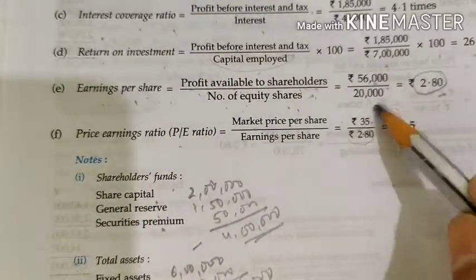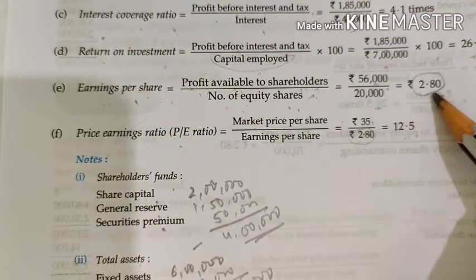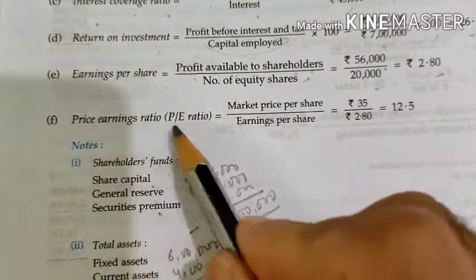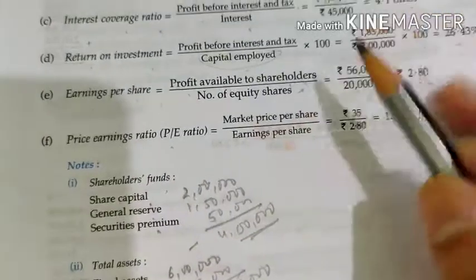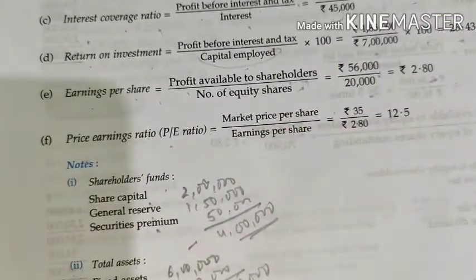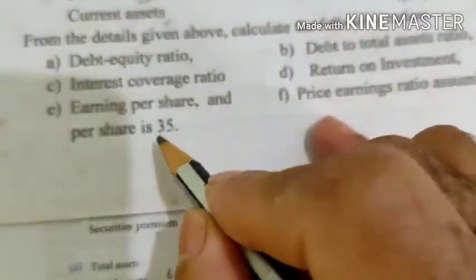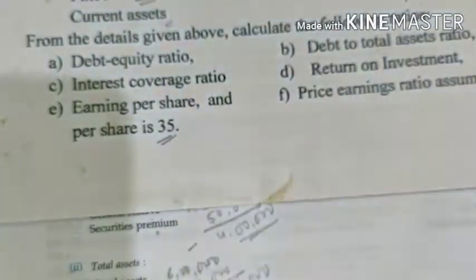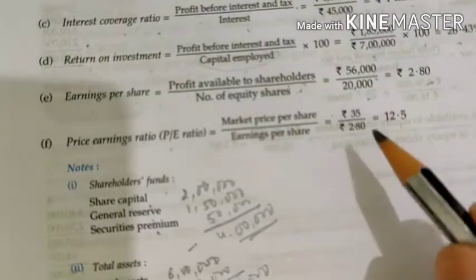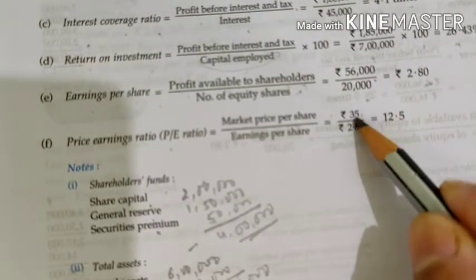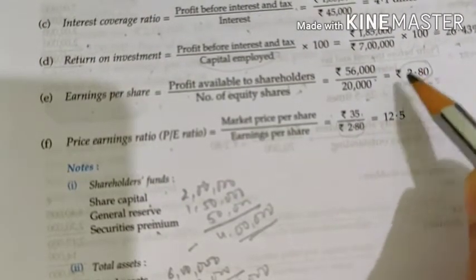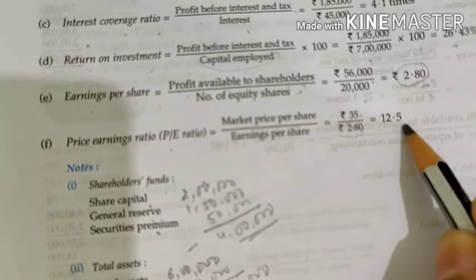So 20,000 gives you 2.80. Price earning ratio formula is market price per share divided by earning per share. Market price is already mentioned here, 35 rupees. So 35 divided by earning per share, which is calculated here. So you have 12.5.